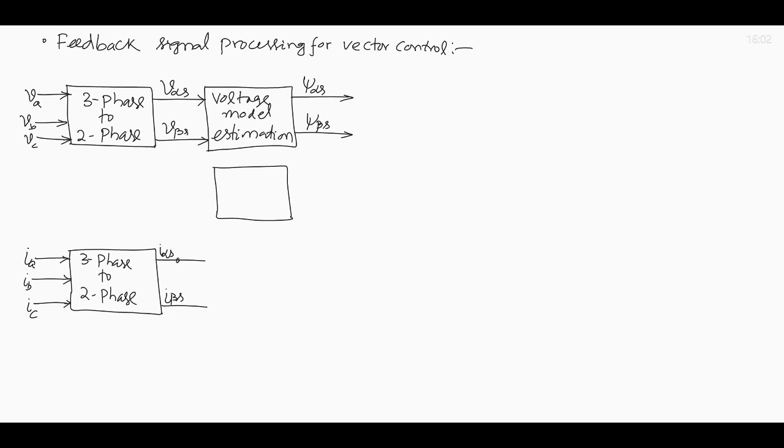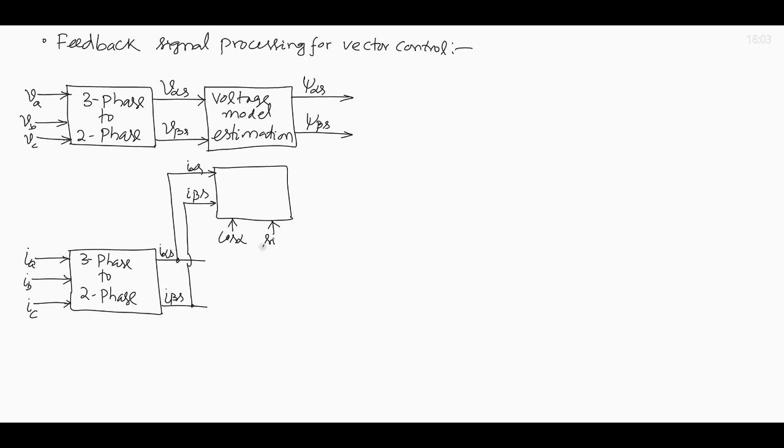This I alpha S and I beta S are taken to one estimation block, which also takes cos alpha and sin alpha.